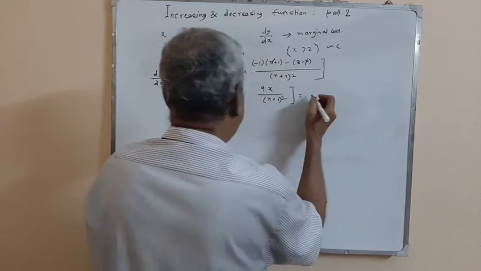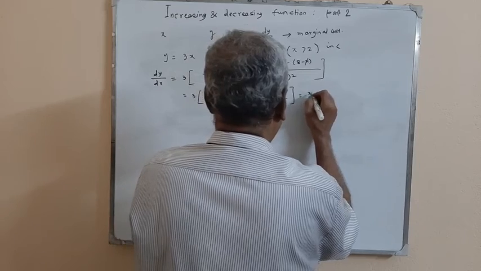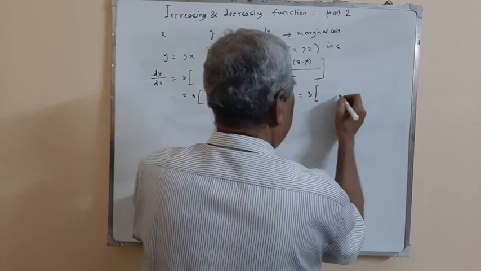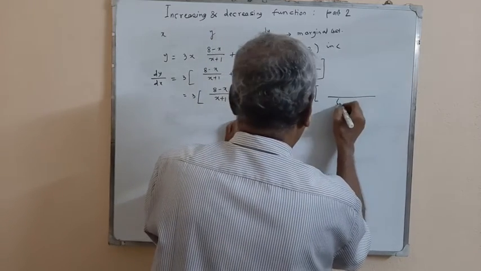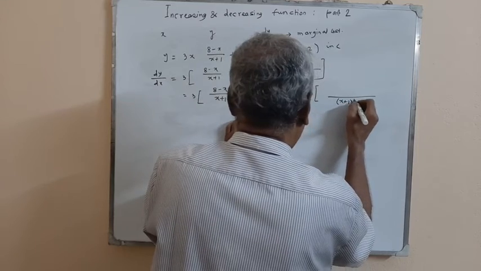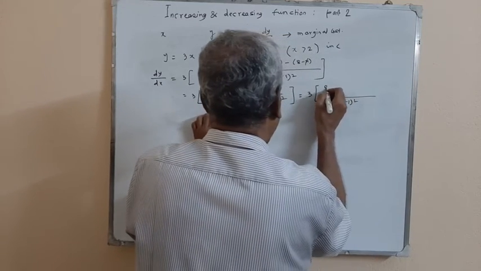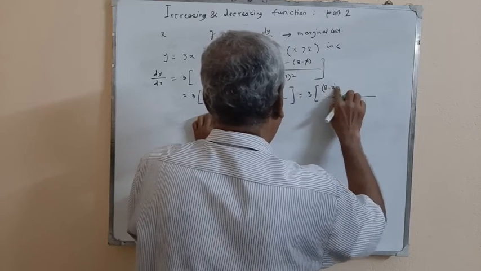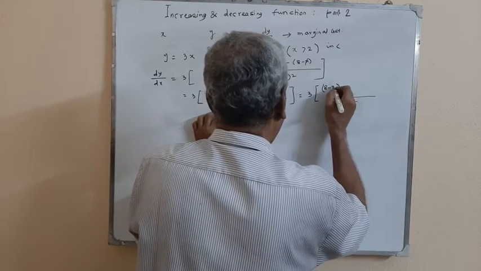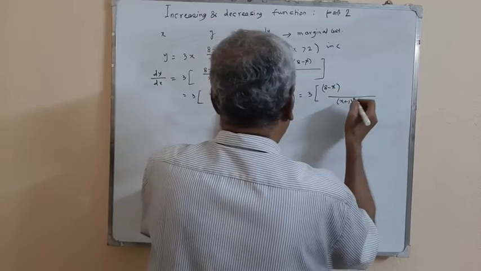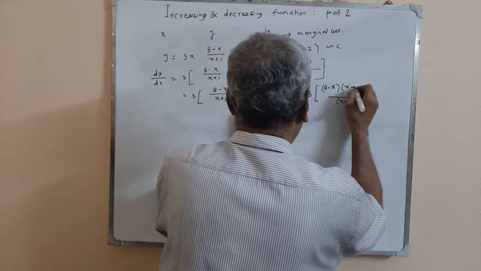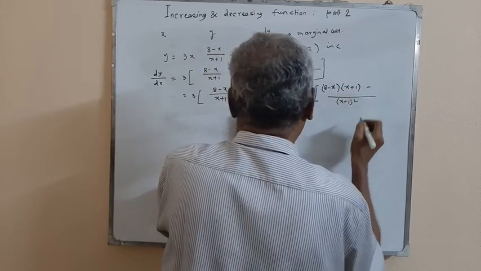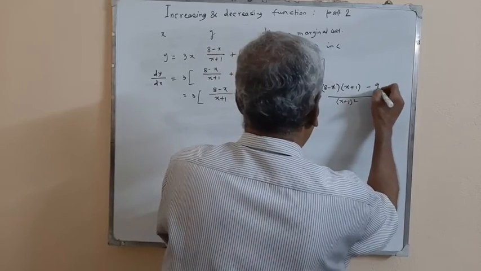Now simplify. The LCM is x plus 1 whole square, so 8 minus x into x plus 1, minus 9x.